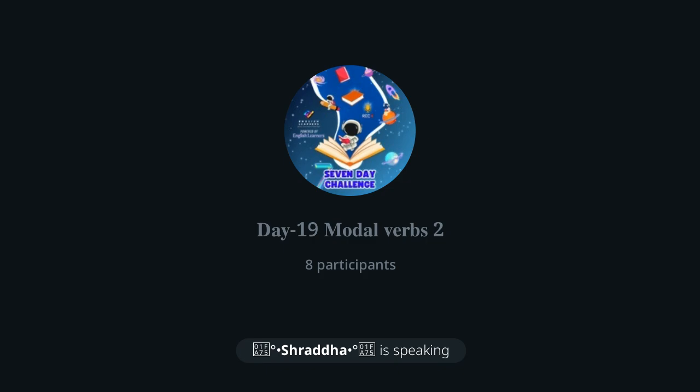Now, I don't have any exercises, but I have something. You guys can make sentences using whatever we have discussed right now. Let me share. You guys have to write 3 sentences for each of these modal verbs. Let me pin it.